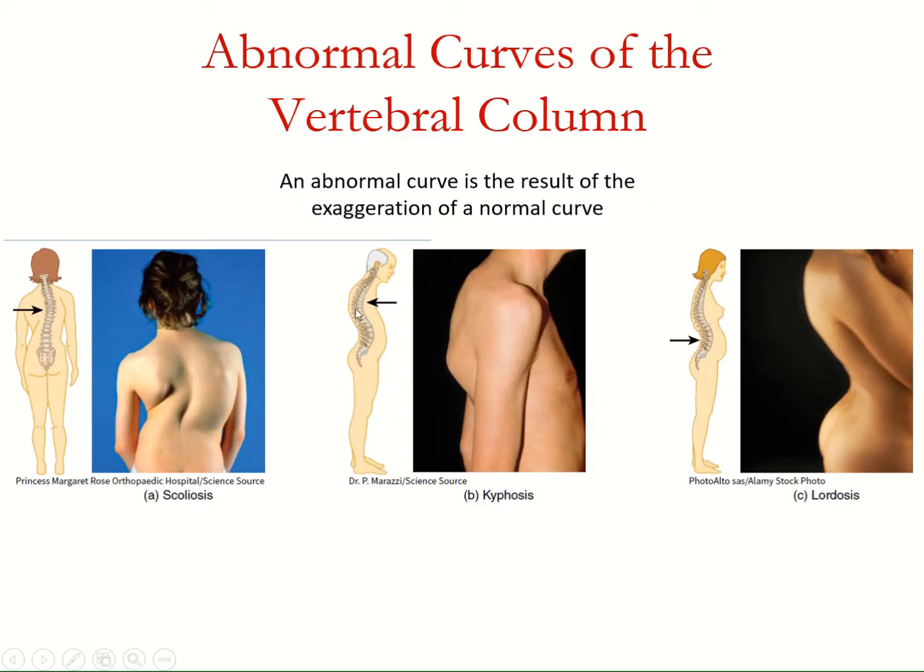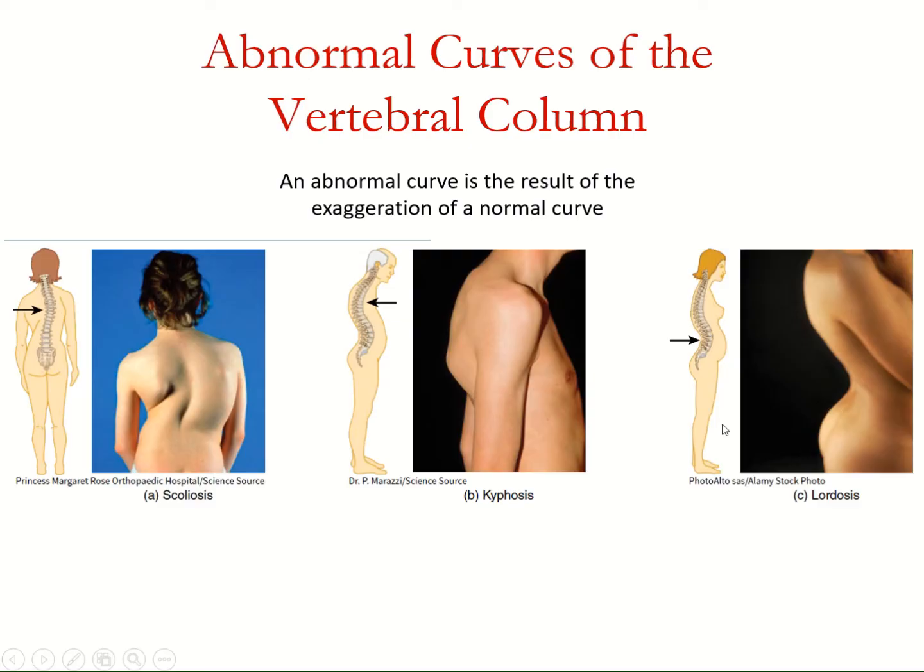Once there is an exaggerated arching of the thoracic curve, then there would be kyphosis, the hunchback. Okay, while lordosis is somehow quite the opposite of kyphosis because it's like the overextension or the arching back of the lumbar vertebrae, lordosis.